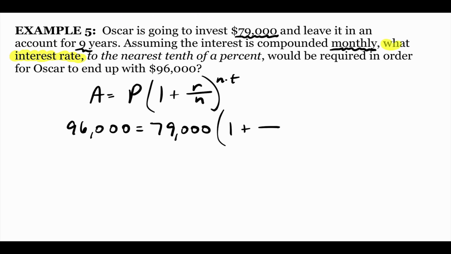Interest rate is what I'm trying to find, so I'm just going to have an R there. N is the number of times compounded in 1 year. So if it's monthly, what is it going to be? 12. N times T, 12 times 9.